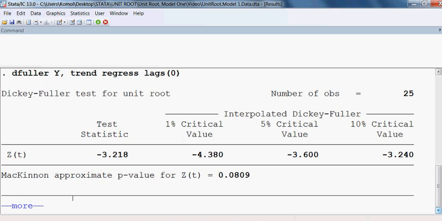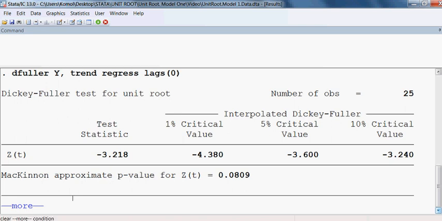So we cannot reject the null hypothesis. Rather, we accept the null hypothesis, meaning that y has unit root, because we cannot reject the null hypothesis. Okay.